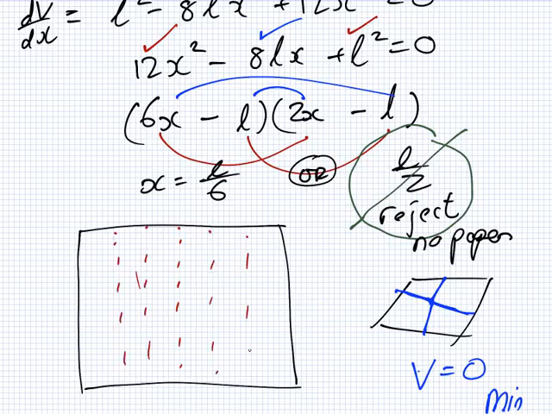These are sixths, I assure you. You added an extra one. Did I? 1, 2, 3, 4, 5, 6. Okay.